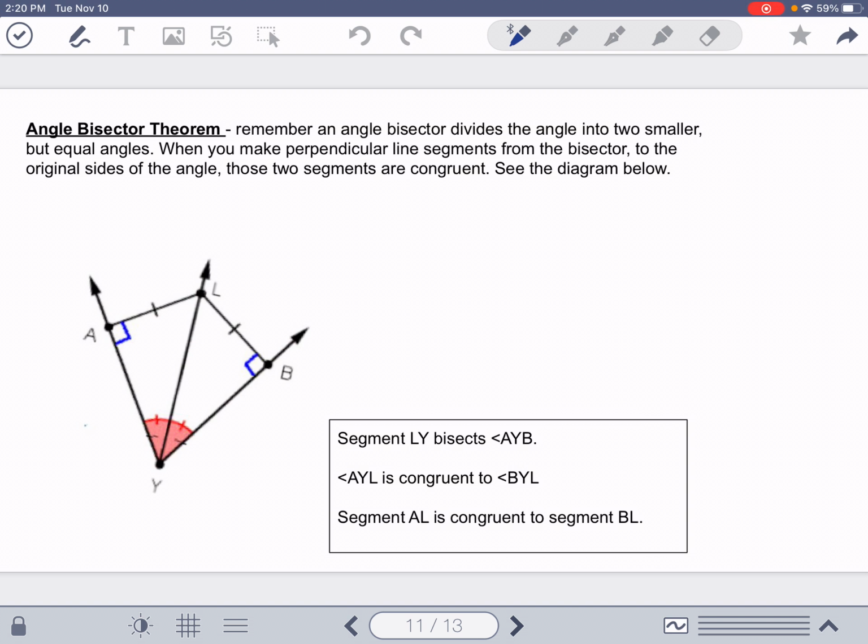In this picture, segment LY bisects AYB. So that ray or line segment is bisecting this angle down here in red, home plate. That means that AYL is going to be congruent to BYL. And that also means that the two segments, AL and BL, are also congruent.